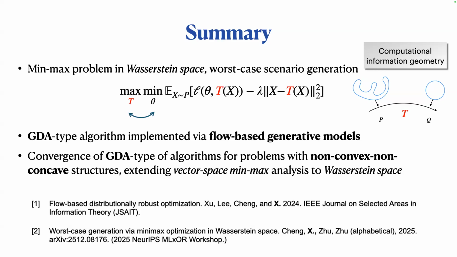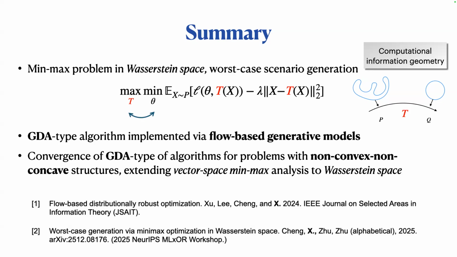And I think what's also interesting is this is a type of minimax problem that's not in vector space. The T is in functional space. Because of that, in terms of developing theory and convergence, this is a new problem, a new challenge. And fundamentally it's probably related to computational information geometry.